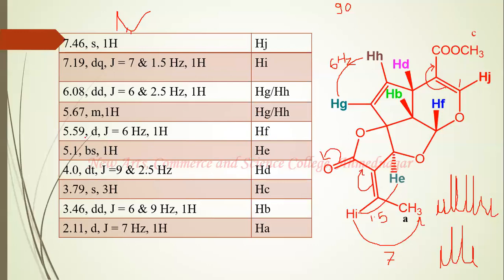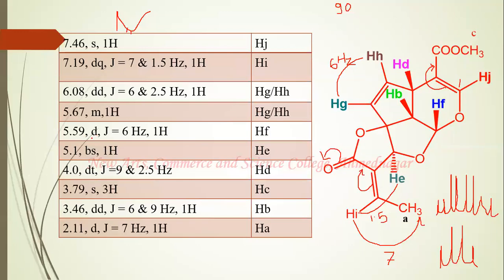So 5.59 is the deshielded sp3 hybrid carbon atom proton. Among these four protons, HF will be the most deshielded because the carbon atom is attached to two oxygens, which will deshield the HF proton to a greater extent.